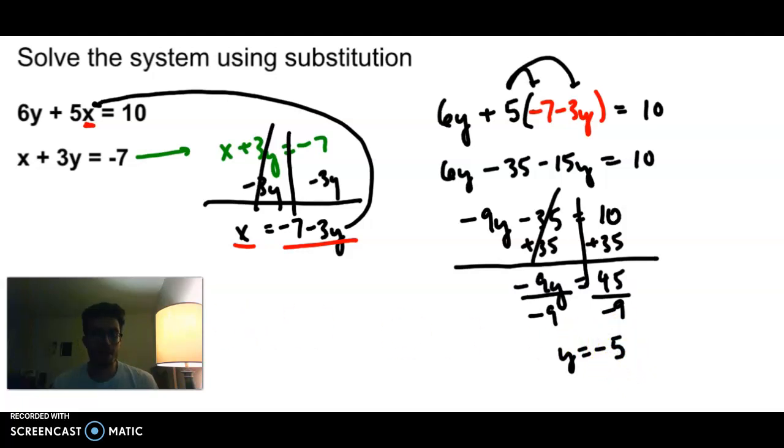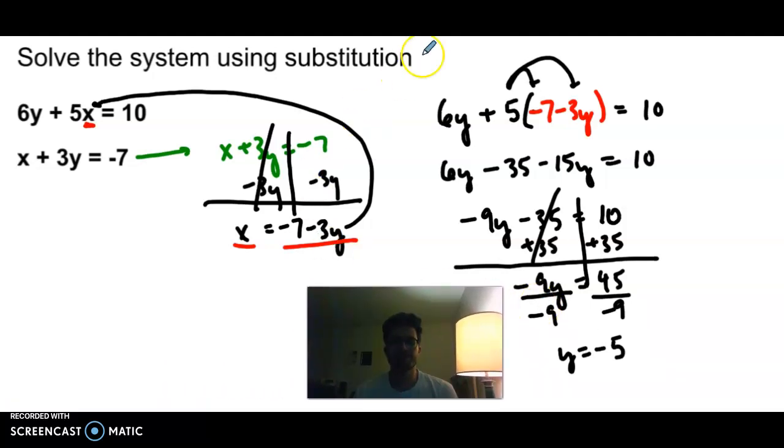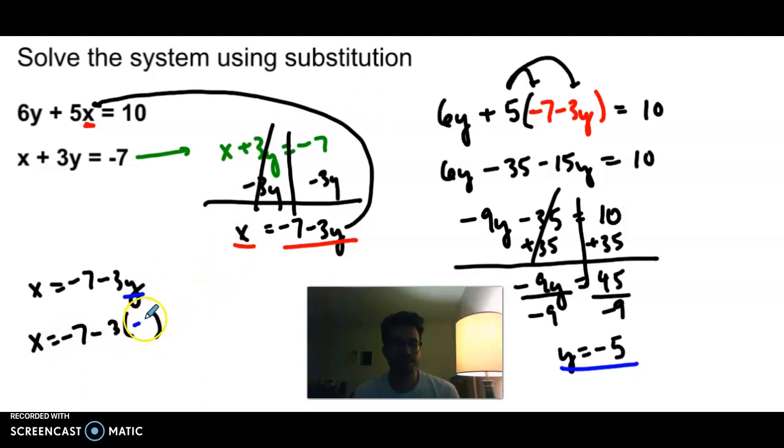So now we have y, but we still need x. Well, we know x is equal to this, right? So we have that equation. x is equal to negative 7 minus 3y. This is y. I'll just put this right in there. So I get x is equal to negative 7 minus 3 times negative 5.